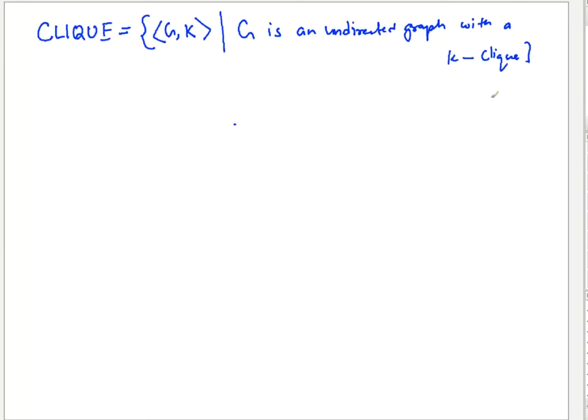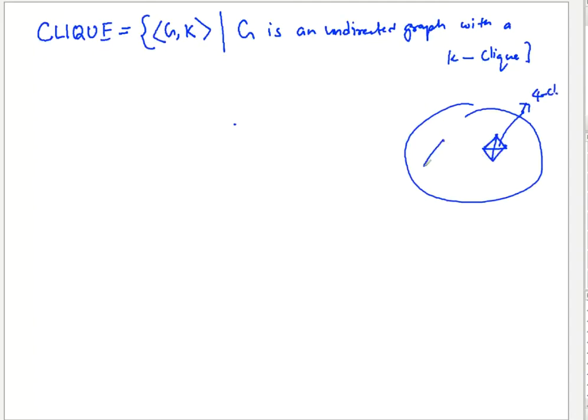So a clique means a connected complete subgraph of K nodes in a graph G. You might have a graph G which is very big, but if there are 4 nodes which are connected to each other, this is a 4-clique.